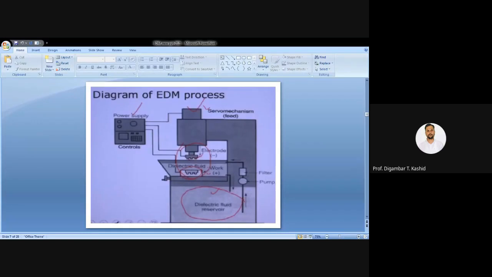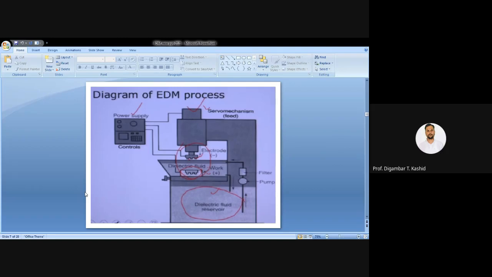Only then will material be removed from the workpiece. When material is removed, craters occur on your surface, and whatever interelectrode gap is there will increase.